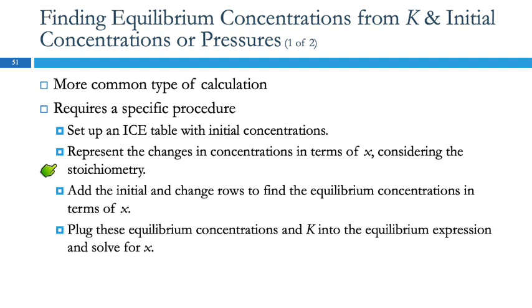We're going to represent changes in concentration in terms of X, and that's going to be done considering the stoichiometry of the reaction. We're going to add the initial and change rows so that we can find the equilibrium concentrations in terms of X. And then we'll plug those into the equilibrium expression and solve for X.